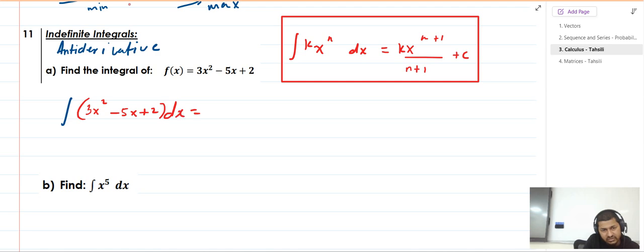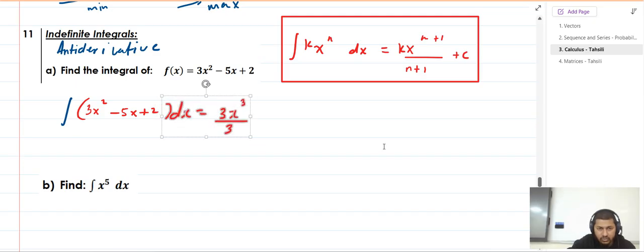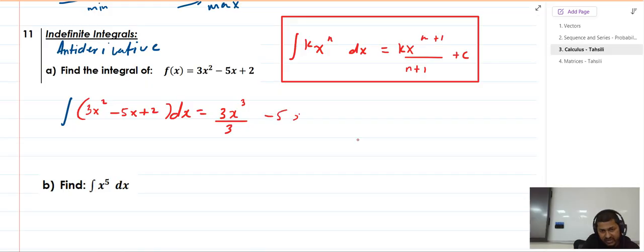Now let's follow these rules. Keep the 3 as it is, add 1 to the power, x to the power 3 divided by 3. Same for negative 5: add 1 to the power, x to the power 2 divided by 2.